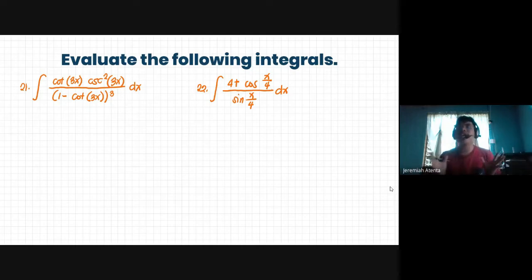Take note sa ating mga formulas. It is just cotangent x, cosecant x, tangent x, secant x. Here we have 3x. So therefore, what should be our first move? Ile-let you natin sino? Kasi dapat one variable lang yung argument ng ating trigonometric function.